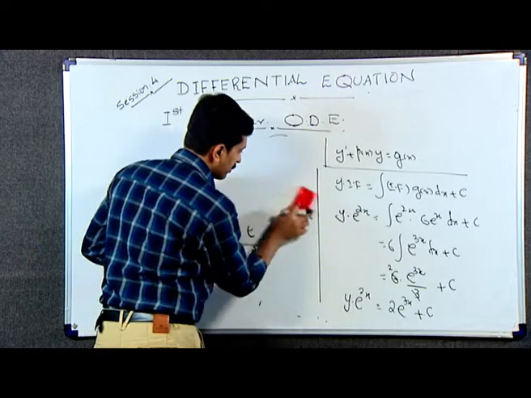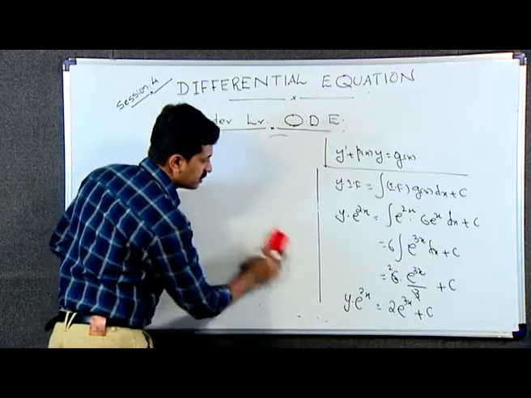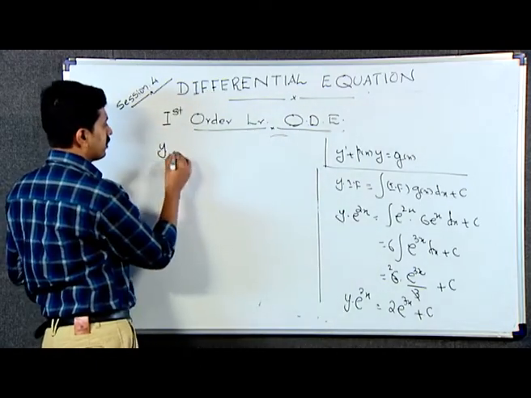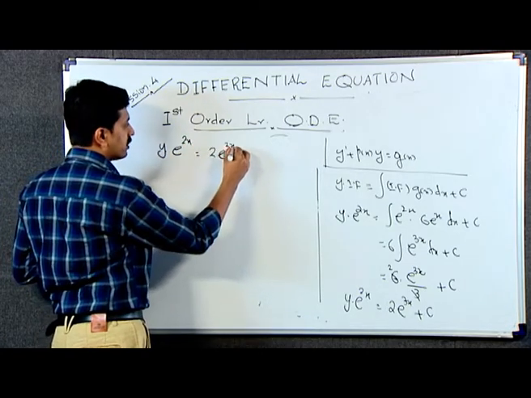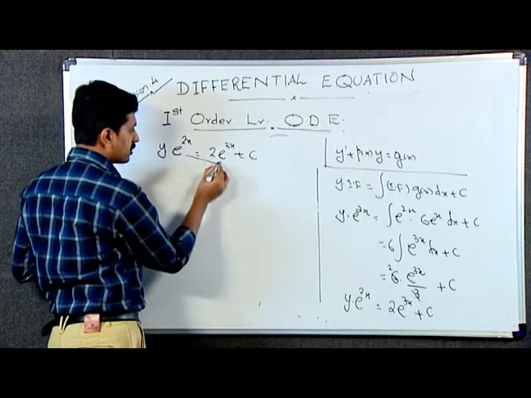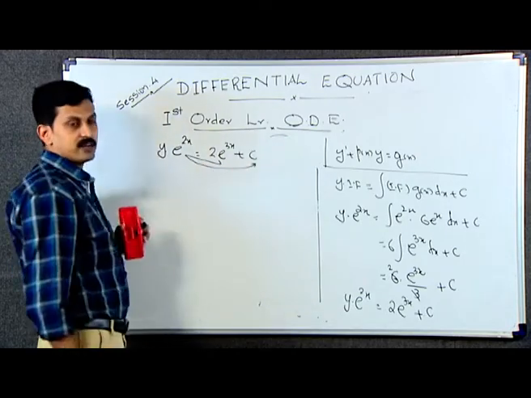See, the final case is y e raised to 2x equal to 2 e raised to 3x plus c. I am taking this e raised to 2x to the other side.